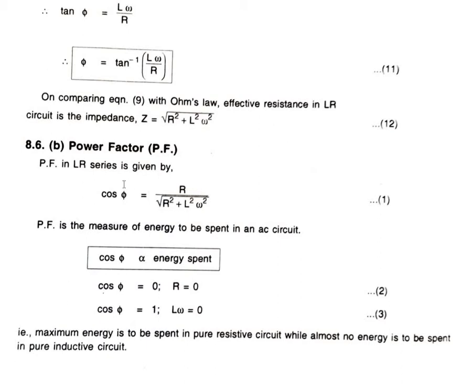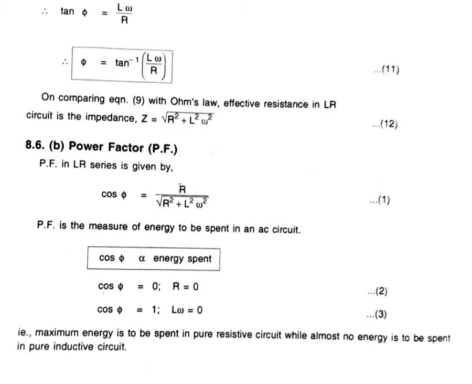When will cos phi be equal to 0? When R is equal to 0, R by square root of R square plus L square omega square is equal to 0. At that time cos phi is equal to 0. So when R is equal to 0, the power factor will be 0. Okay, so the power consumed is 0.